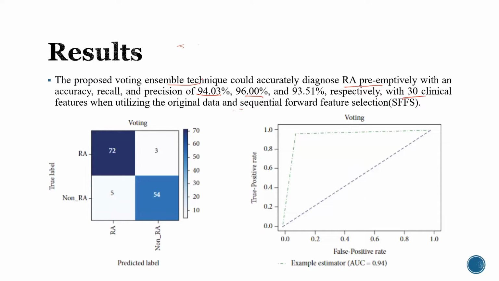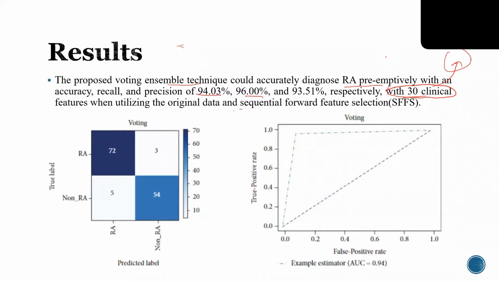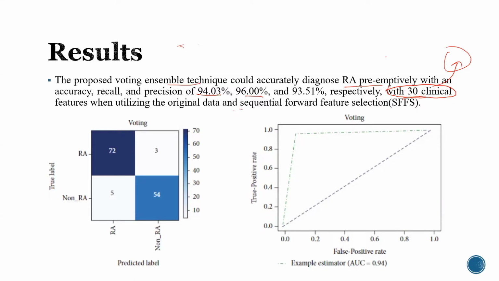Even though sequential feature selection was carried out, this method achieved its better result with 30 clinical features. Personally, to me, it means a huge amount of work needs to be done, because diagnosing with 30 features is a lot of numbers. We need to bring them down drastically, to as low as possible.